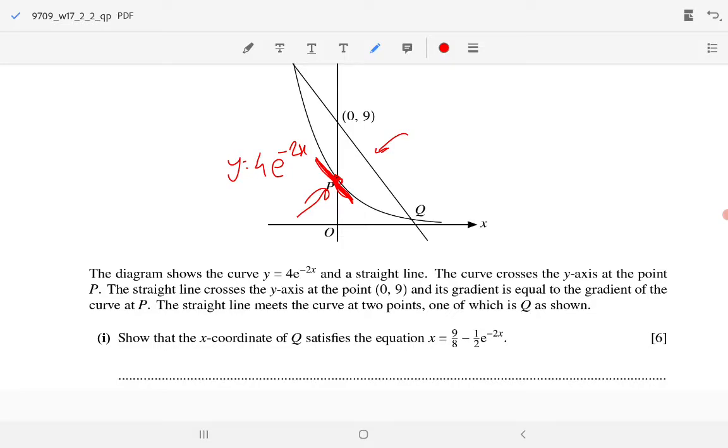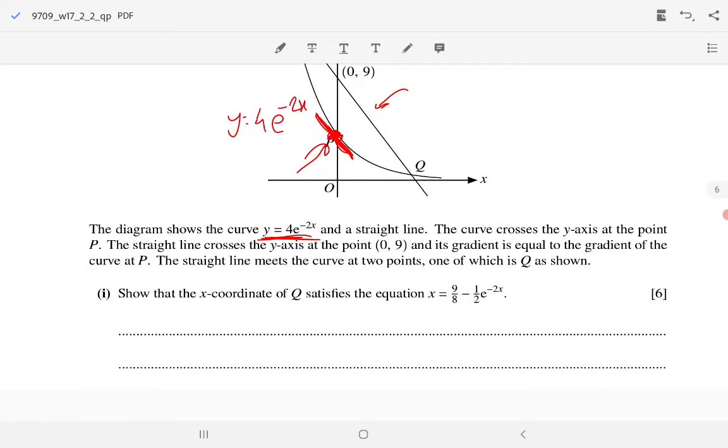So the first thing we'll have to do is find the gradient of this curve. So we can use dy by dx. dy by dx is equal to 4e raised to minus 2x multiplied by minus 2.